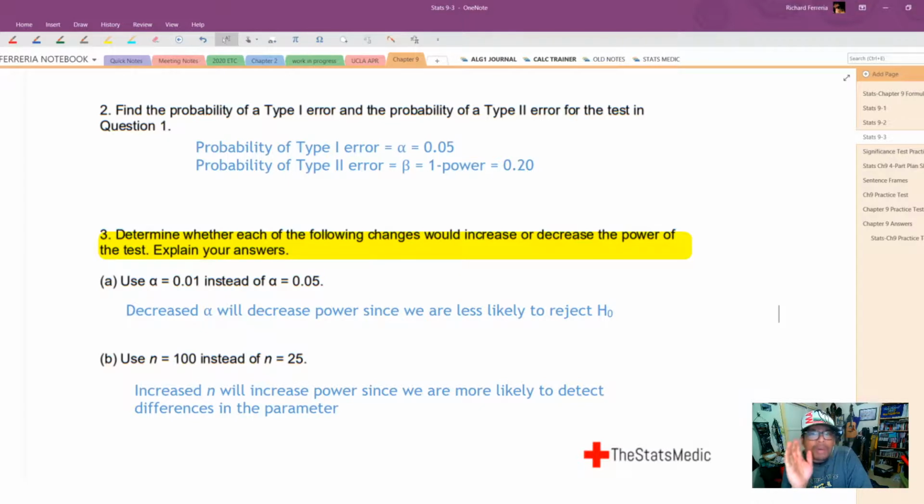One of the stock answers here was that increasing the sample size will enable us to detect a difference. And this is what we're talking about. Increased sample size allows us to detect a difference. In other words, it allows us to reject the null hypothesis. So yeah, increased n will also increase power.